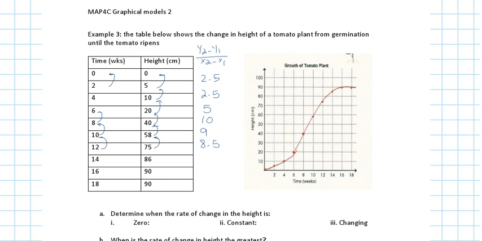Then I have 11 over 2, which is 5.5. Then I have 4 over 2, so that's 2. And then I have 0 over 2, which is 0.